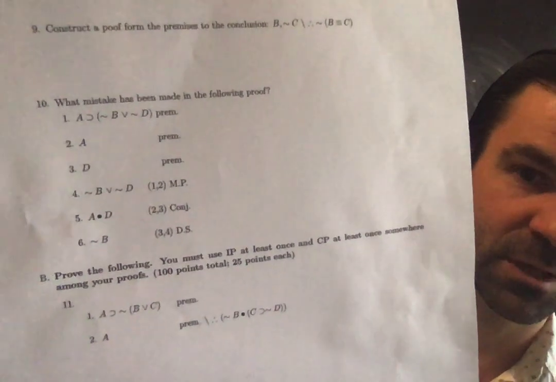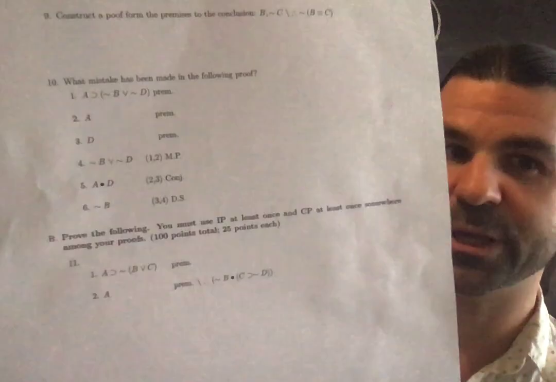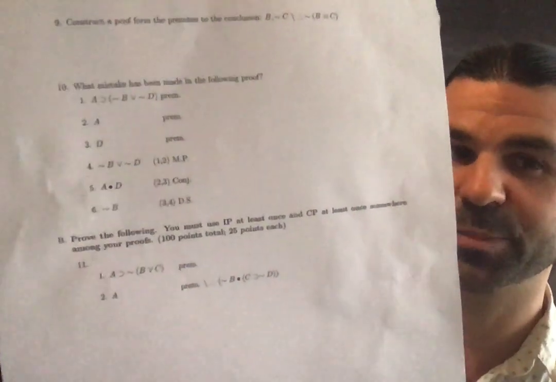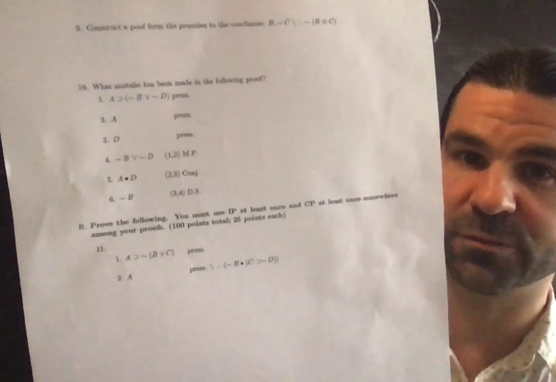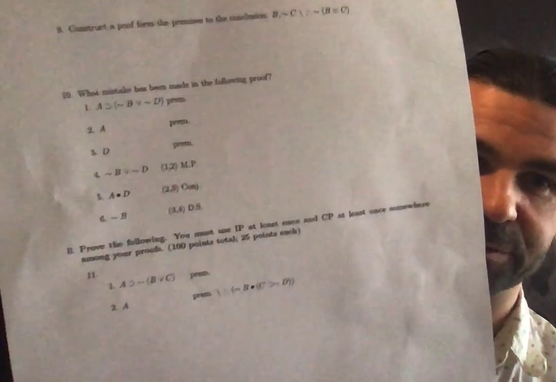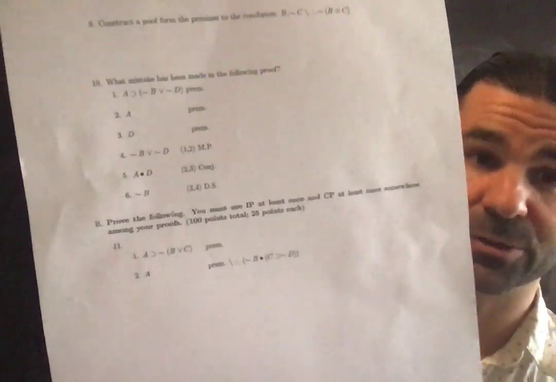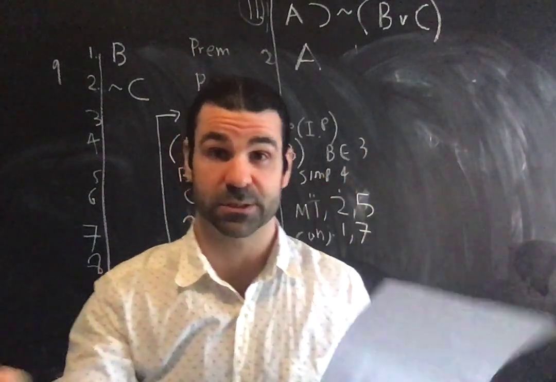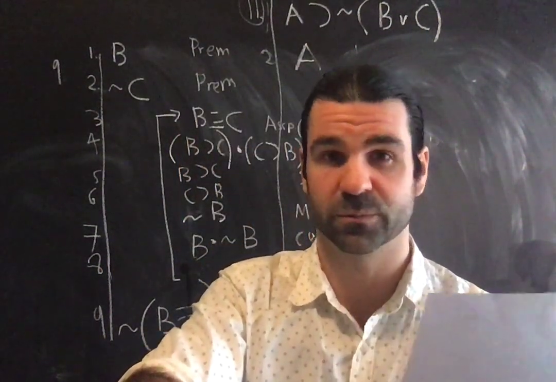The disjunction, remember, to be a proper application of the rule, it's got to be P or Q and then not P or not Q, right? It's going to be a disjunction and the negation of one of the disjuncts. So it would have to be not D, right? If you were doing the proof, you could get not D by double negation on 3, and then you could do the disjunctive syllogism. But that's the mistake. Mistake at step 6. All right, we'll come back and do the proofs. We'll start on the proof section, start with number 11.